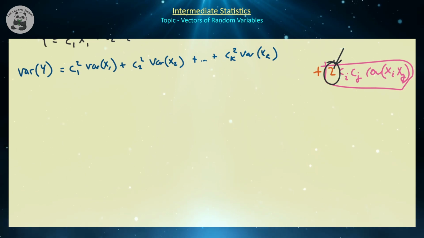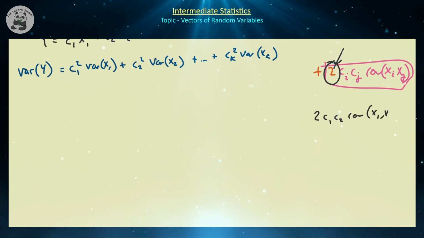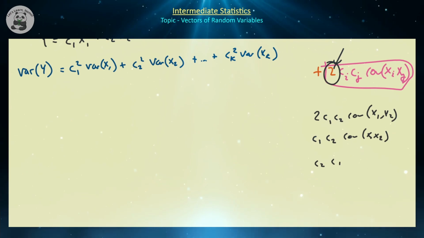I actually want to just write it as, for example, 2 times C1, C2 times the covariance of x1, x2. I actually just want to write that as C1, C2 covariance of x1, x2, and then treat C2, C1 covariance of x2, x1 as different terms, even though they are equal.